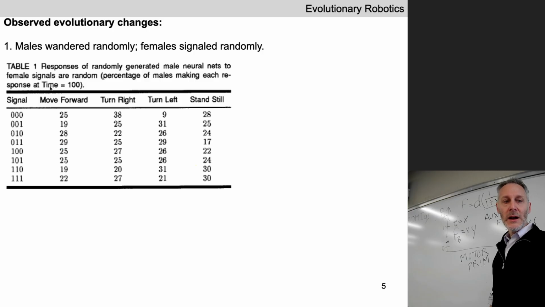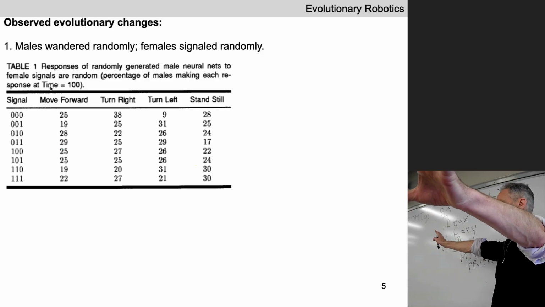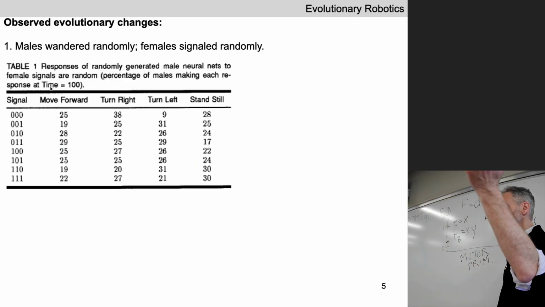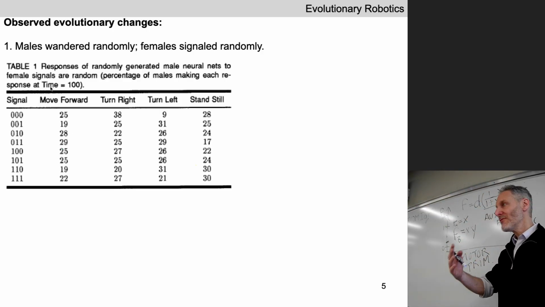They sprinkled these 1,600 agents, and then the females started to emit random sounds, and the males tended to wander around at random because all of them have random brains.